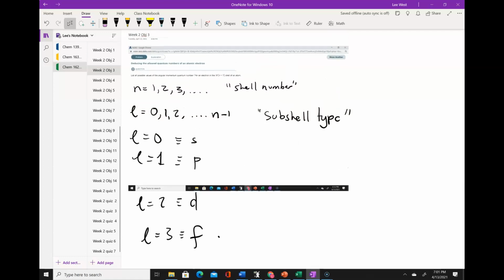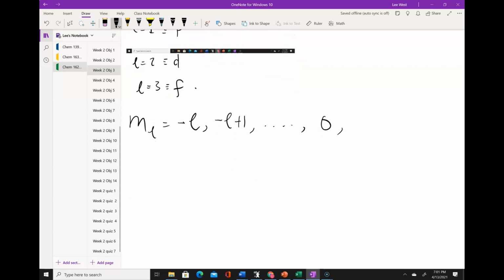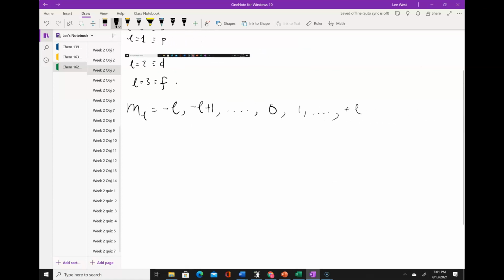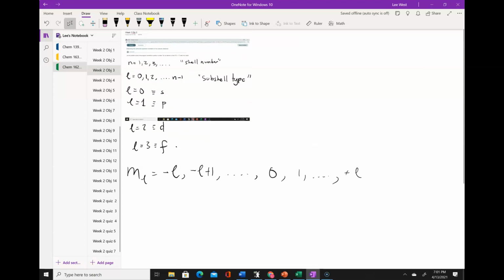Now, what do we have from there? Well, we also have m_l, and m_l runs from minus l in increments of 1 up to 0, and then from 0 all the way up to plus l in increments of 1. So it really depends on the value of l.